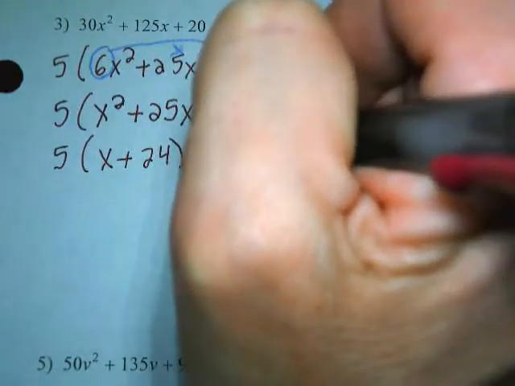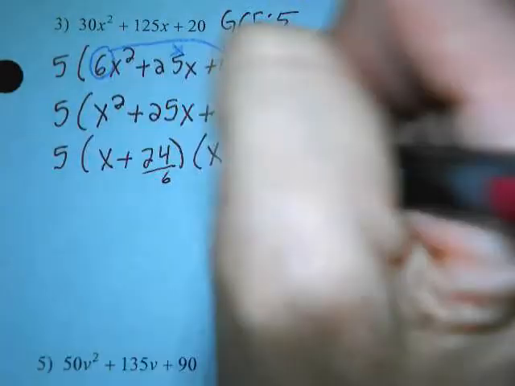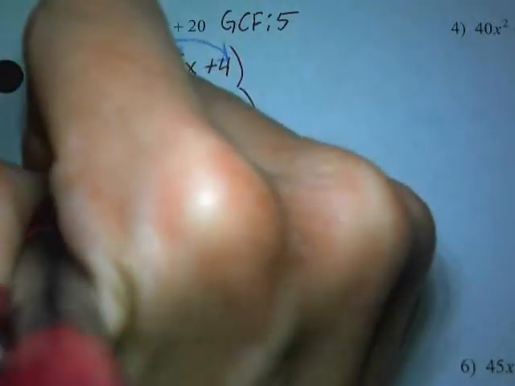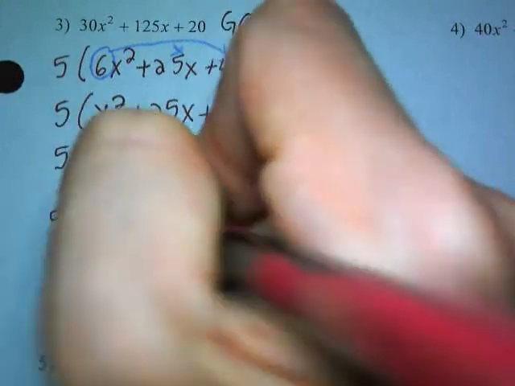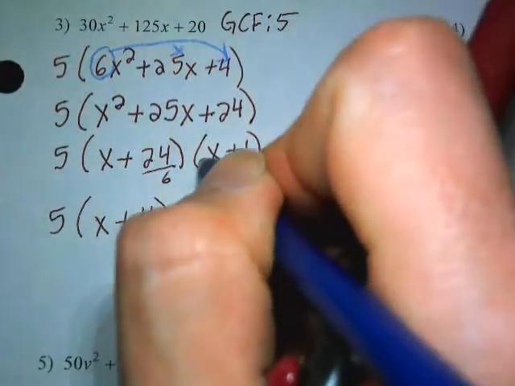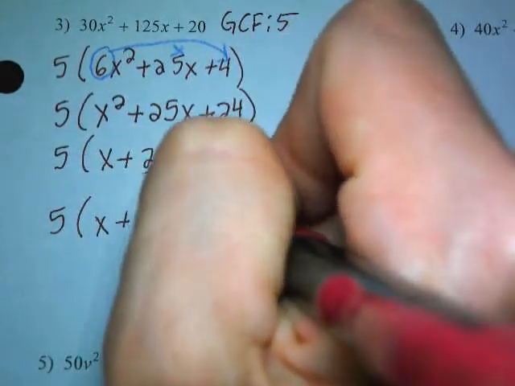So we get x plus 24 and x plus 1. Then we multiplied by 6, so we divide by 6. Here we're going to get an even number, 4. But here we're going to take our 6 and do our little scooch in front of our x. So 6x plus 1.